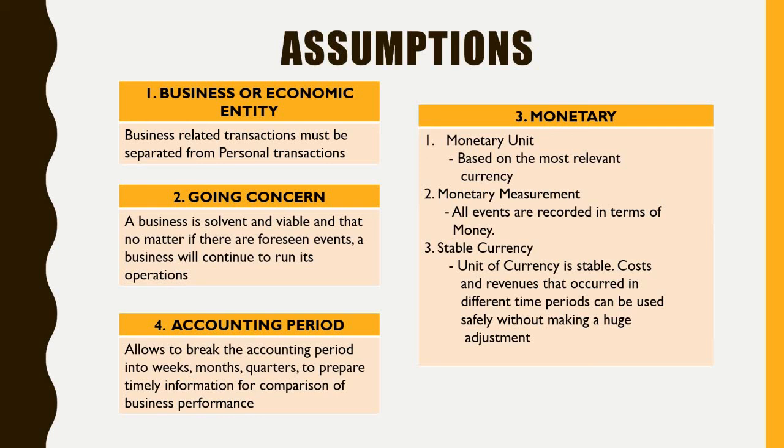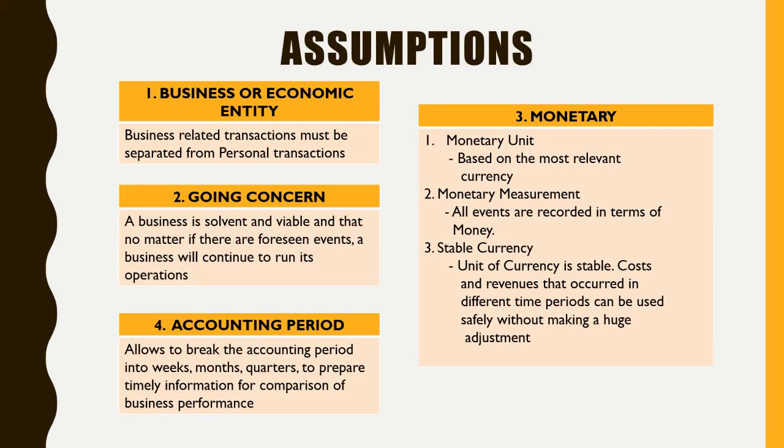All right. Number 2 rule under the monetary assumption is monetary measurement. Again, this is when I was talking to you guys, remember, about the inventory. You cannot write that you have 75 items on hand. You need to have a value to it. Okay?